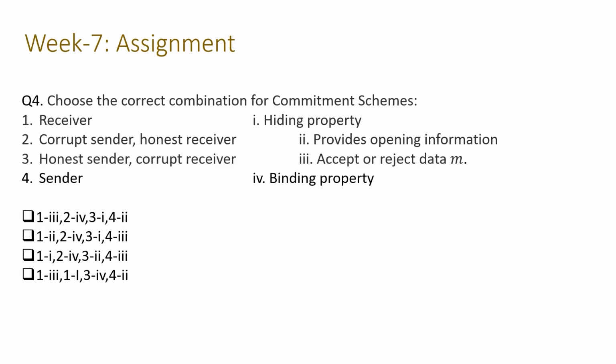What a corrupt sender could do is first come up with two message-randomness pairs, such that message M1 and randomness R1 give the commitment C, and some other pair, say M2 and R2, gives the same commitment C. It sends the commitment C to the receiver, but when providing opening information, it sends the pair M2, R2 instead of M1, R1.